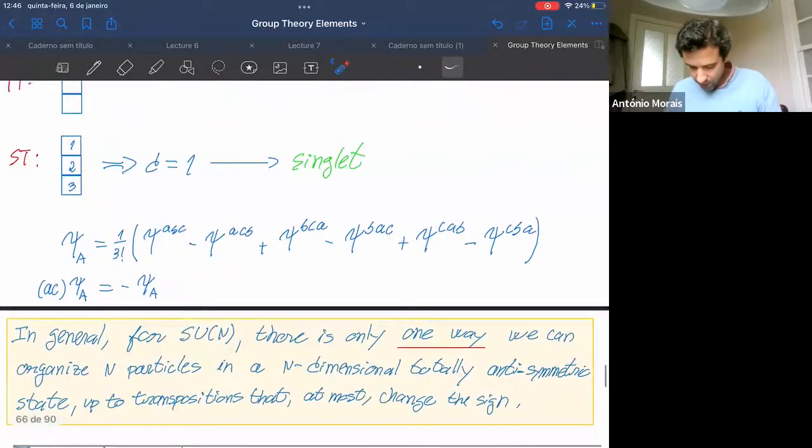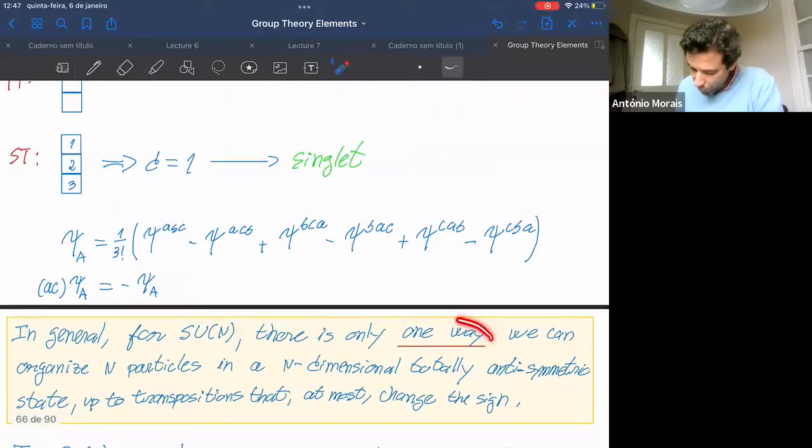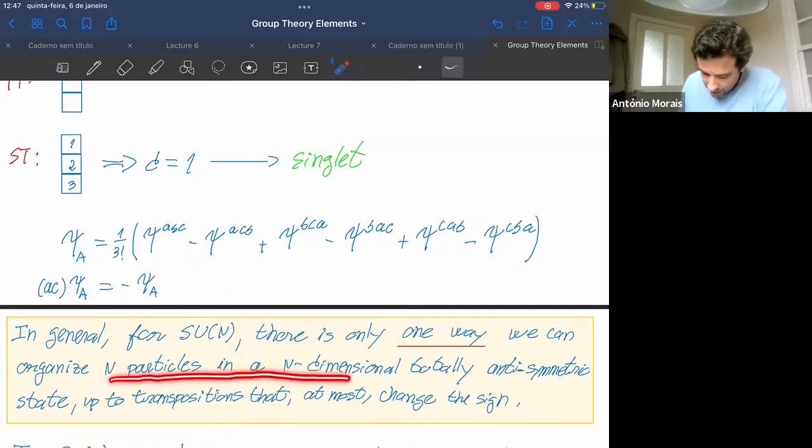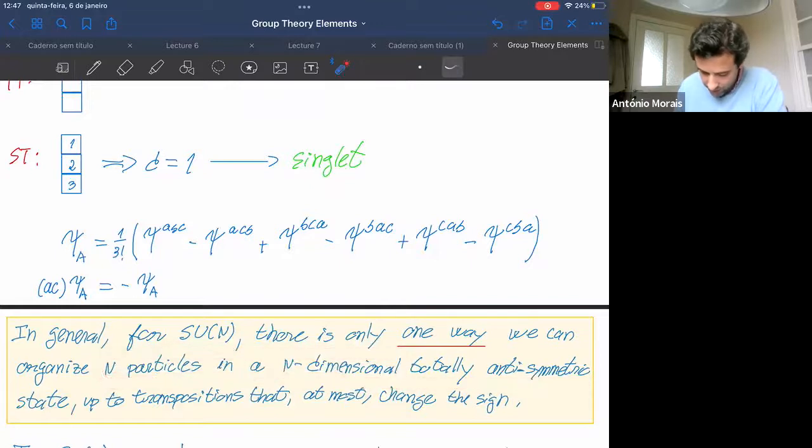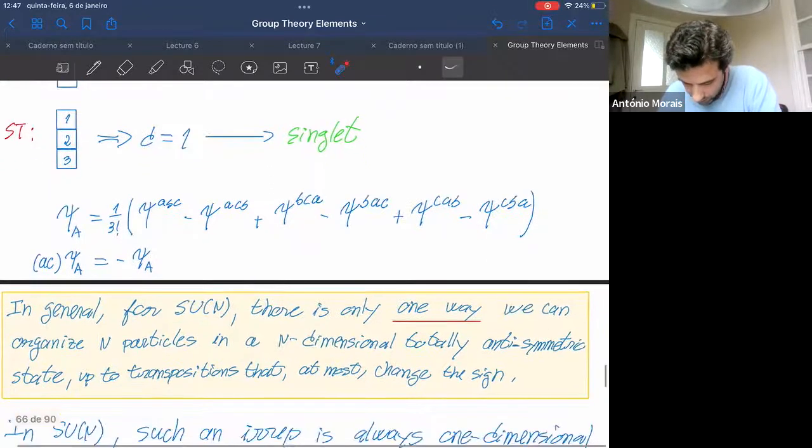So in general, for SU(N), there is only one way we can organize n particles in an n-dimensional, totally antisymmetric state. We are talking about a totally antisymmetric state, up to transpositions that must change only the sign. So you do transpositions, it changes the sign, but there is only one possibility of organizing this state.